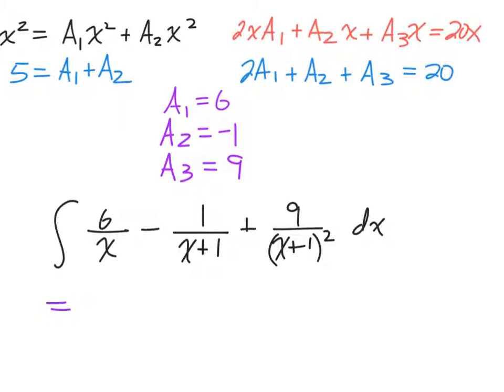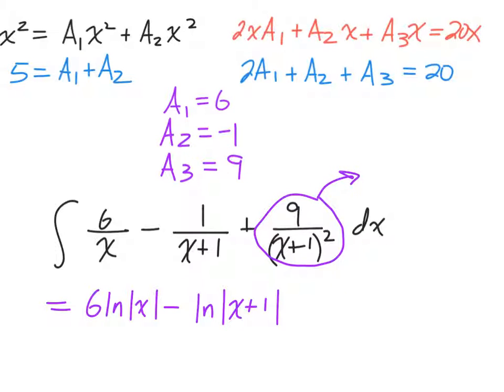What's the antiderivative of 6 over x? 6 ln of x. Antiderivative of 1 over x plus 1? Exactly. The last one, that's not a natural log, but I could rewrite it as 9 times x plus 1 to the negative second.